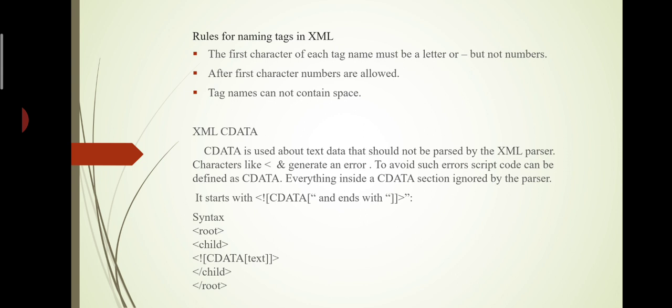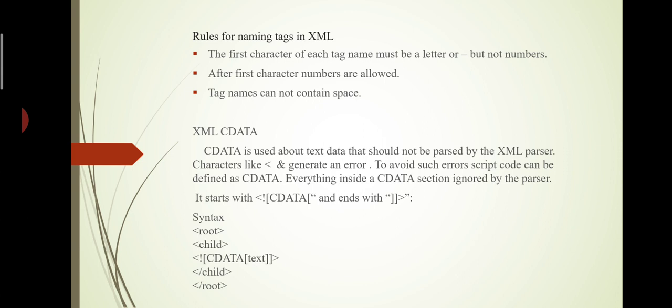Rules for naming the tags in the XML. The first character of each tag name must be a letter or underscore but not a number. So none of the names should start with a number. It should start only with either an alphabet or an underscore.